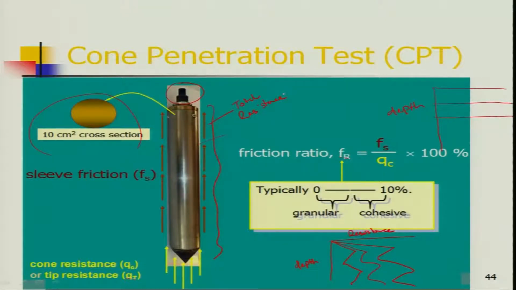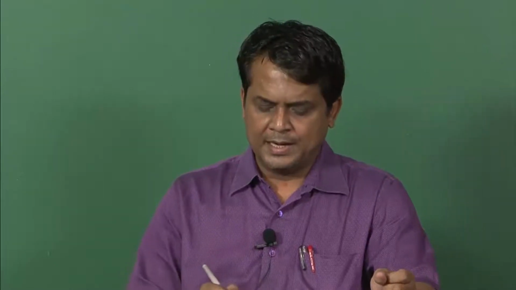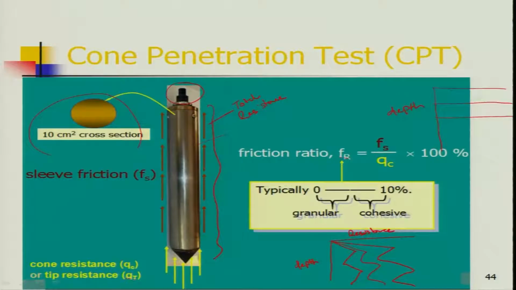From total resistance you deduct cone resistance, and you will get side resistance, that means slip friction or frictional resistance. If it is a frictional pile design, you can get the frictional resistance along the side, and here you can get the end bearing resistance, or tip resistance.